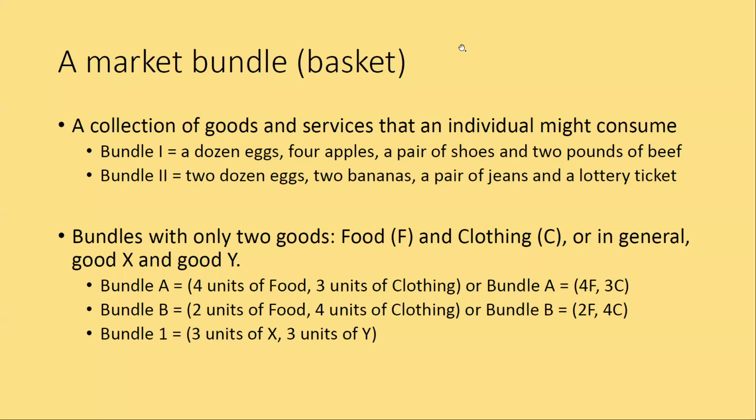And if we know that it is food and clothing that we are talking about, we can also write that A equals (4, 3). Similarly, if bundle B consists of 2 units of food and 4 units of clothing, we can write B equals (2, 4).